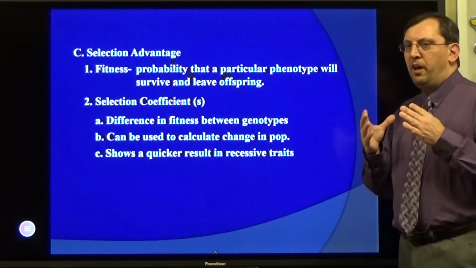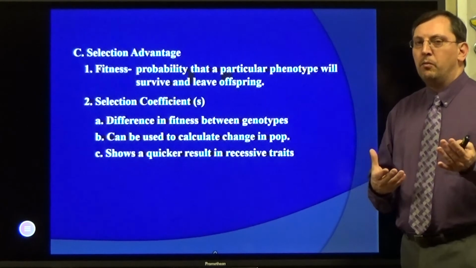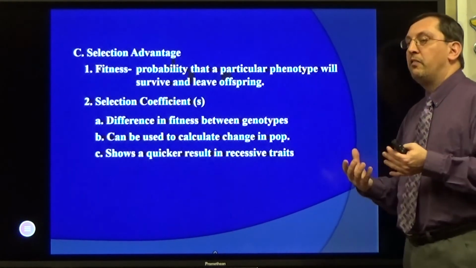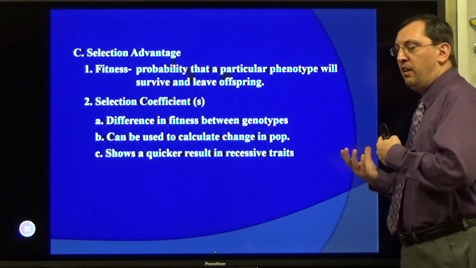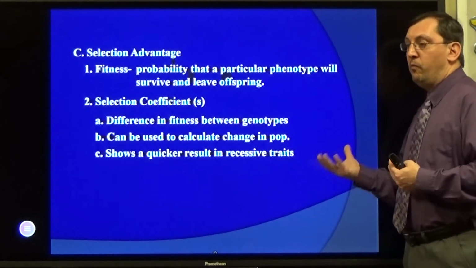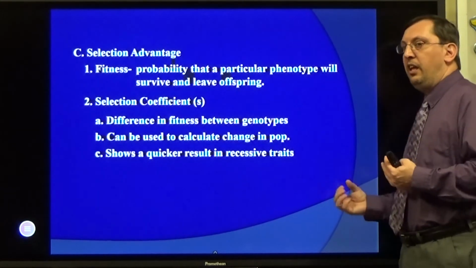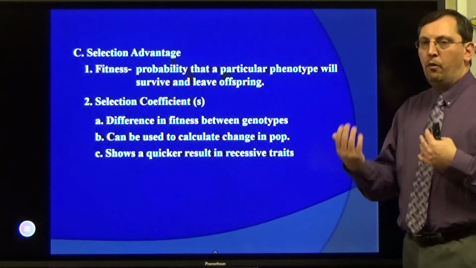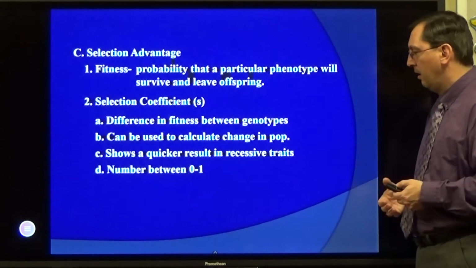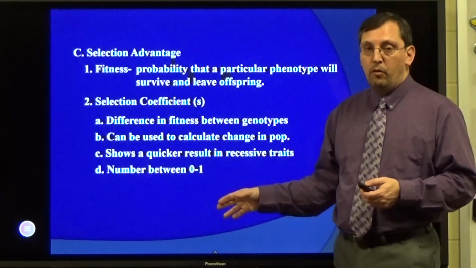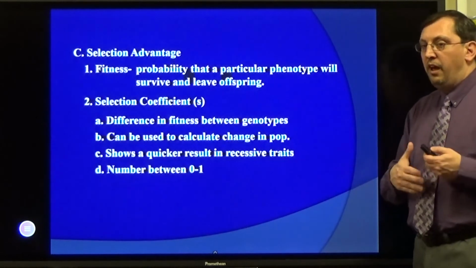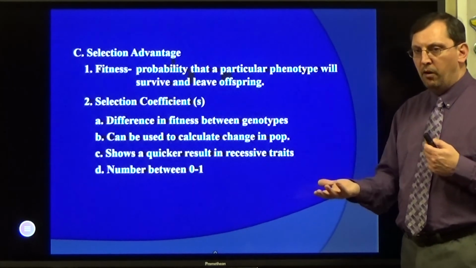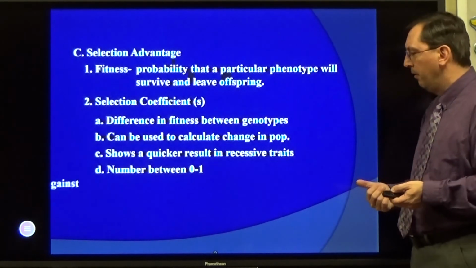Because you can have two different ways in a traditional system to show a dominant trait, recessive traits are hidden and tend to not show up as much. So if you have something that gives it an advantage, all of a sudden it jumps up in number very rapidly. The value of our selectional coefficient goes between 0 and 1. It can't be bigger than 1, can't be smaller than 0.